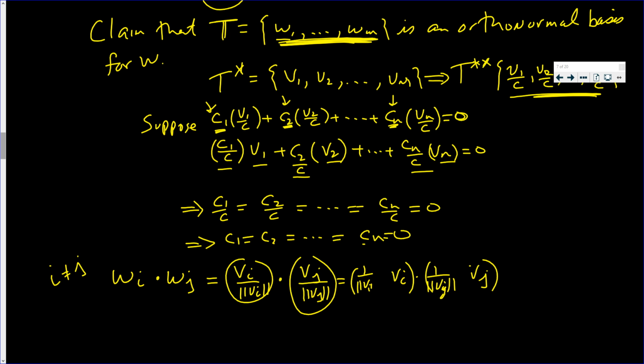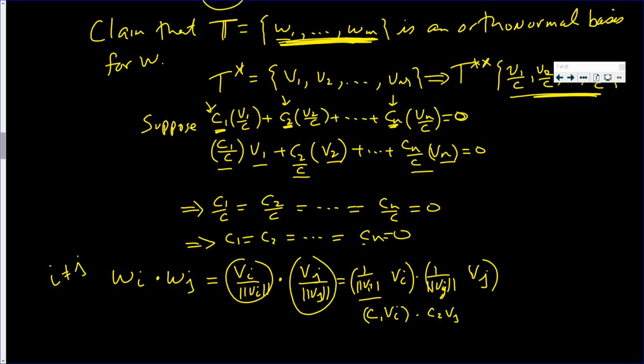So now what I have is a scalar times V sub i dotted with another scalar times V sub j, say C1 and C2.